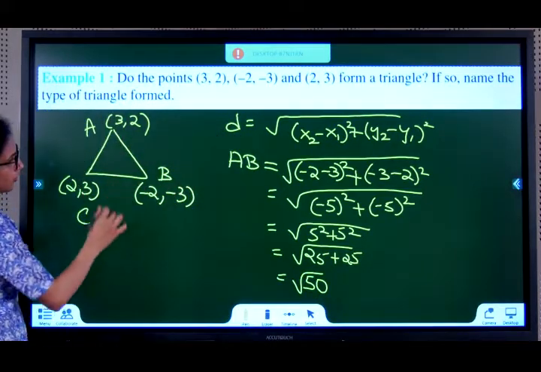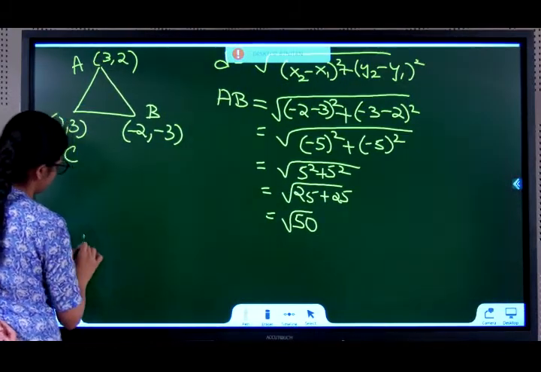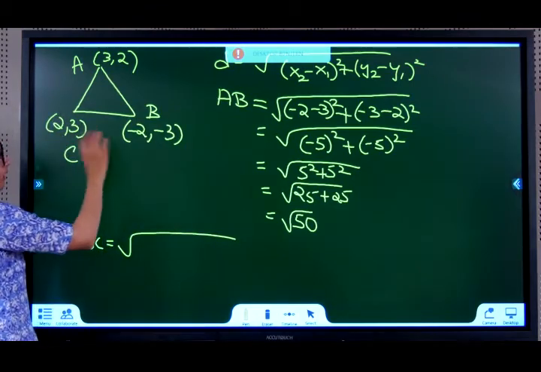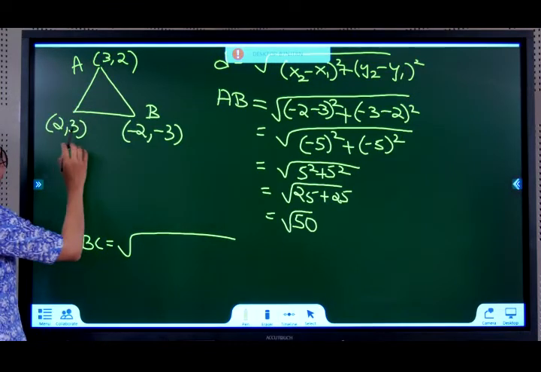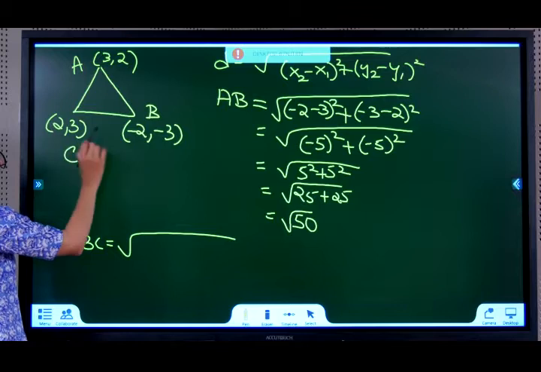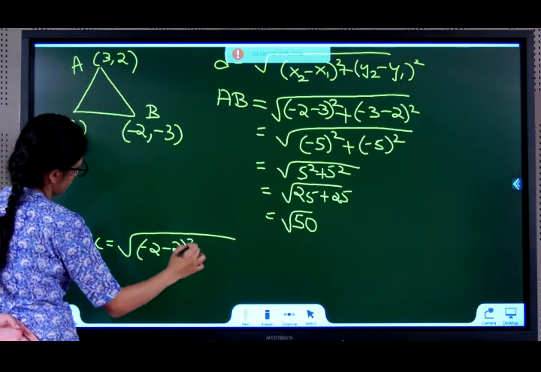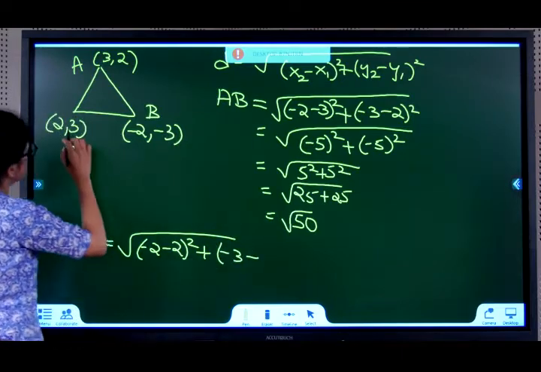Now, let us go for BC. Root of B to C, or you can take anyone as x1, y1 or x2, y2, you will get the same answer. So, here I will take x1, y1, x2, y2.